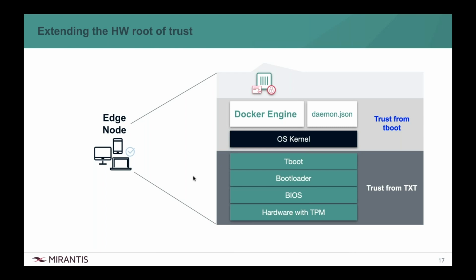So there are tools available that you can leverage to ensure that the state of the device is in the right order. One tool that can be leveraged is IMA, Integrity Measurement Architecture. Basically what it does is extend the root of trust to include the secure boot flow and key elements of the container runtime, basically things that are static.